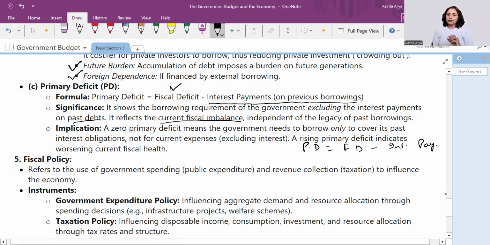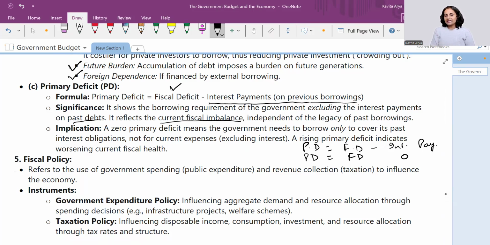Now, assume a case where there is no interest to be paid for any past borrowings. This equation says that if there is any fiscal deficit, that is on account of the current imbalances of the government. Previous loans are not adding to any fiscal deficit.